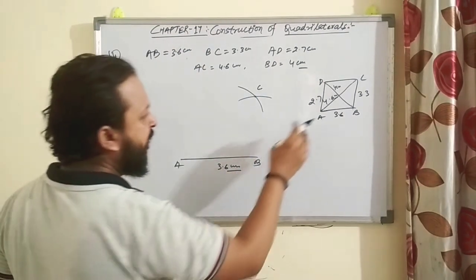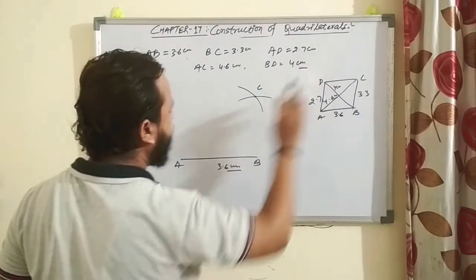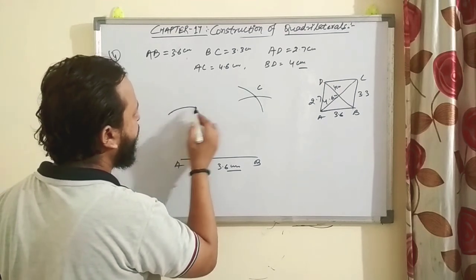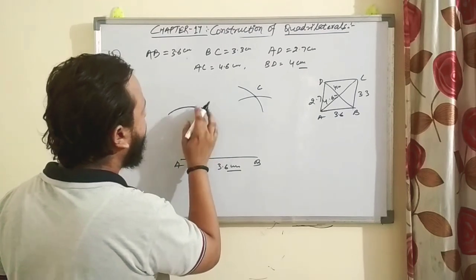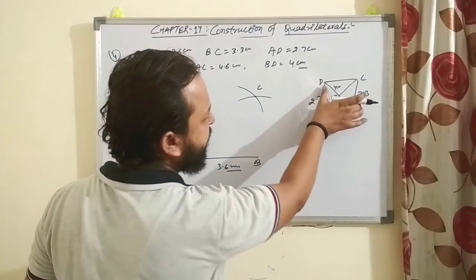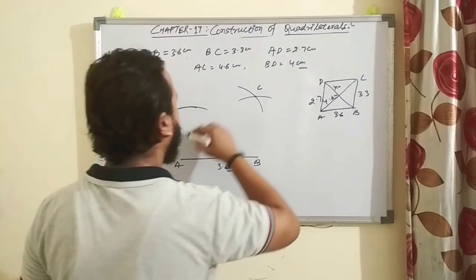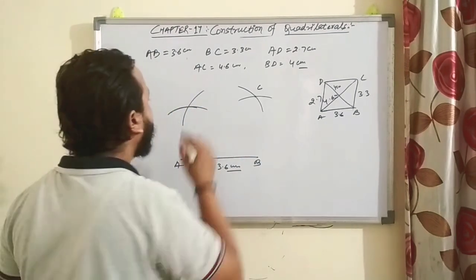Now again take A as a center and take the distance 2.7 centimeter and draw an arc, right? And now take B as a center once again and take the distance 4 centimeter and draw an arc, right?